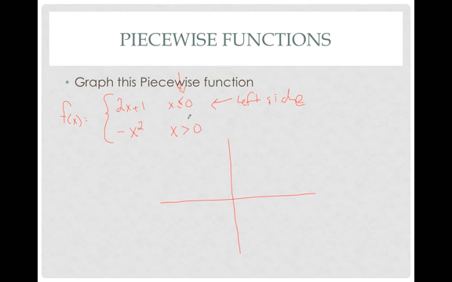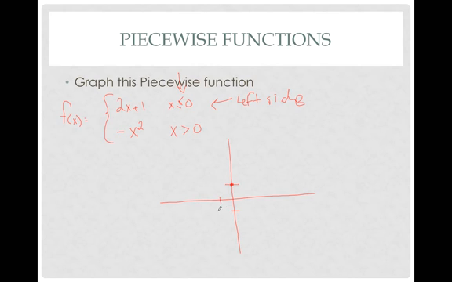So here's what I need to do. I need to figure out what is happening at x equals 0. Well, at x equals 0, that occurs on this function. So I would start with the y-intercept of 1 with a slope of 2, but I can't go to the right because the function 2x plus 1 does not exist on the right because that's not less than 0. So I need to go to less than 0. So I need to go in the opposite direction.